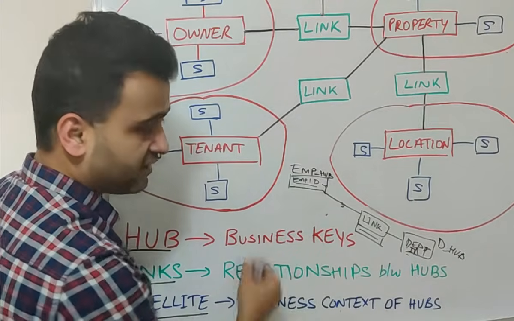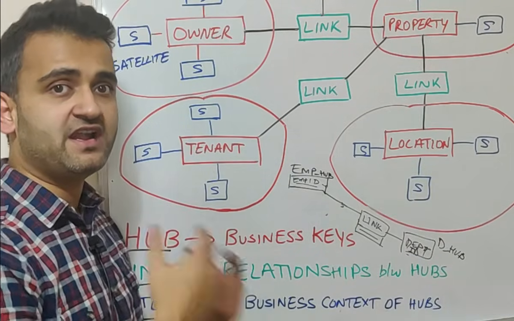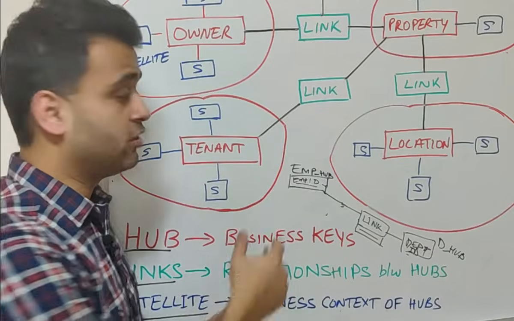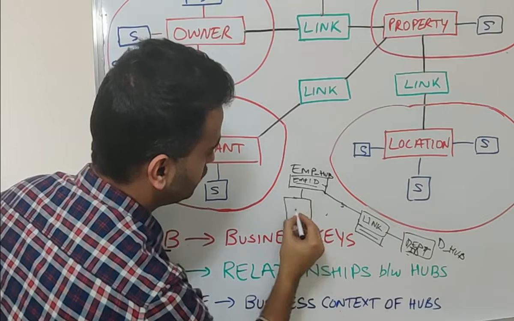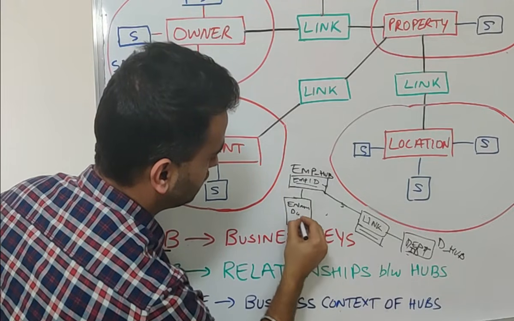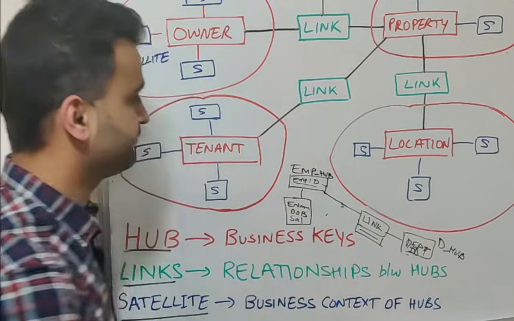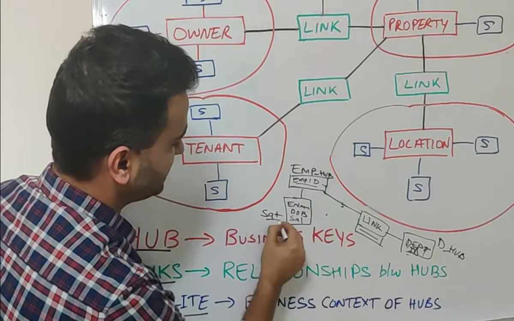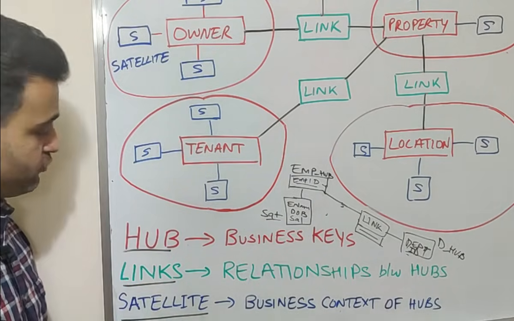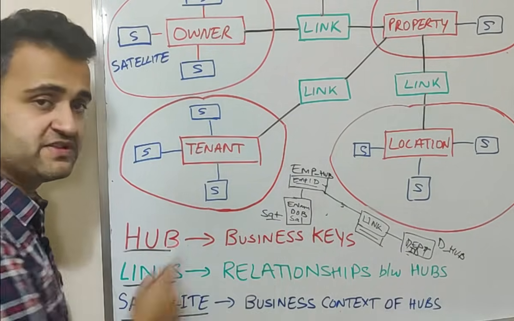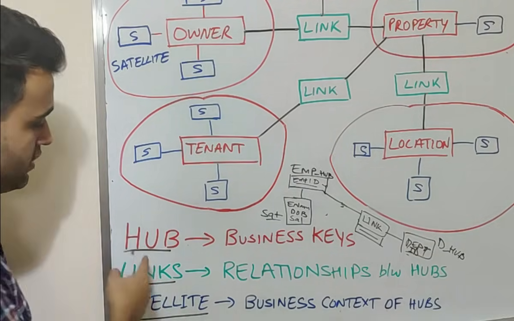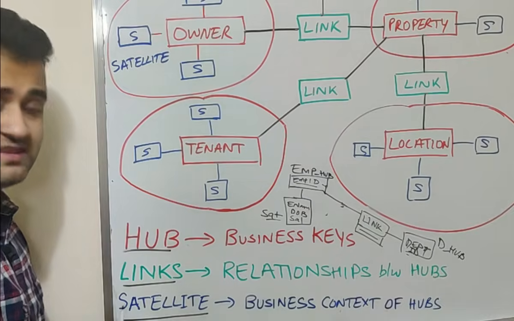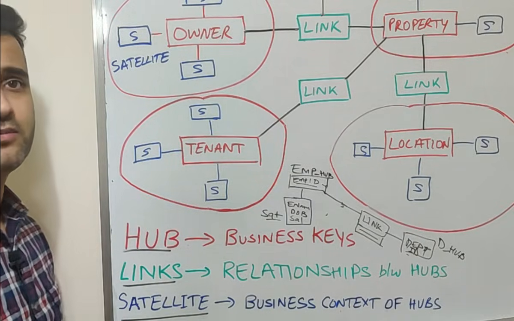And then all the rest of the attributes, the descriptors of this particular employee hub, will fall under satellites. So it will have your name, your date of birth, salary, etc. And this will be your satellite. Just to understand the three components: hub will be your business keys, links will be the relationships which you form between your two hubs, and the satellites will be the descriptor information, the attributes.